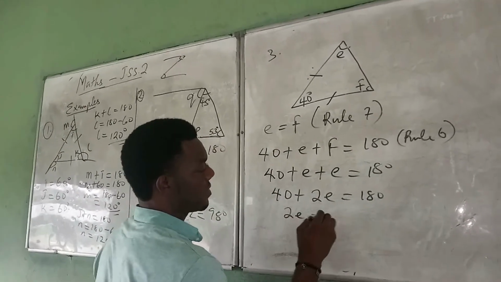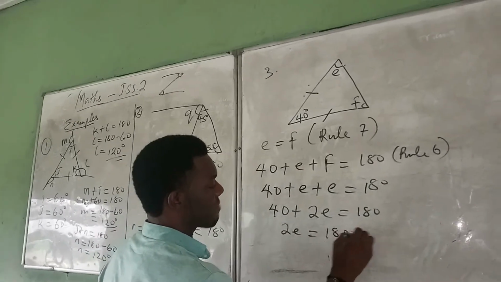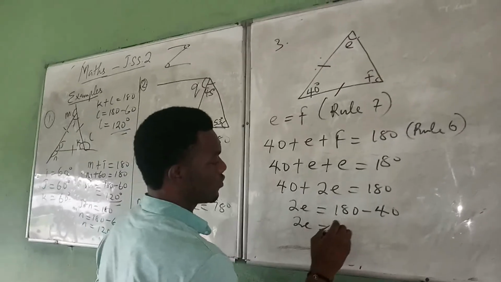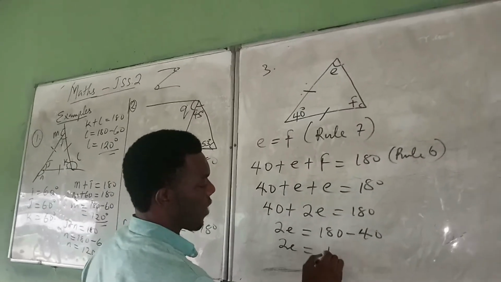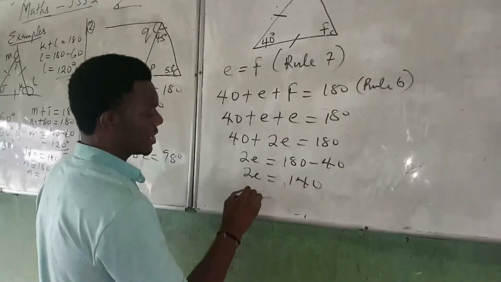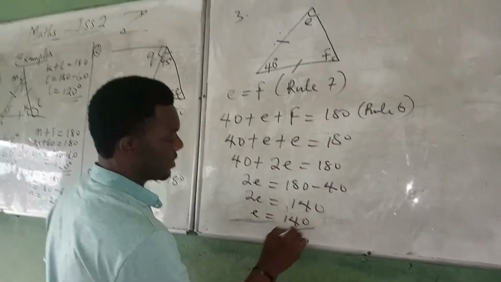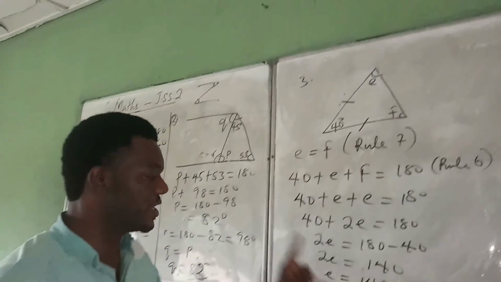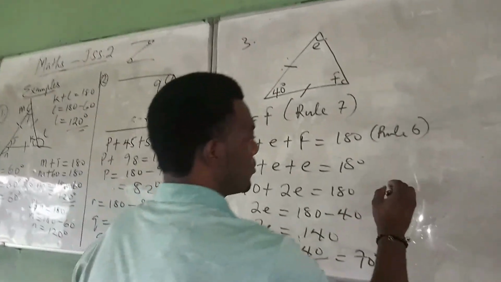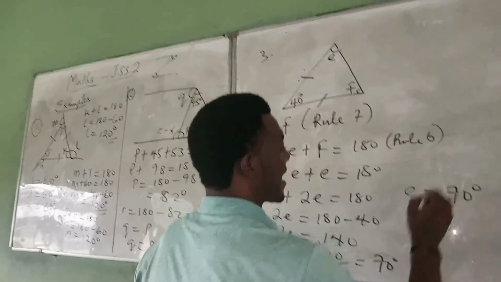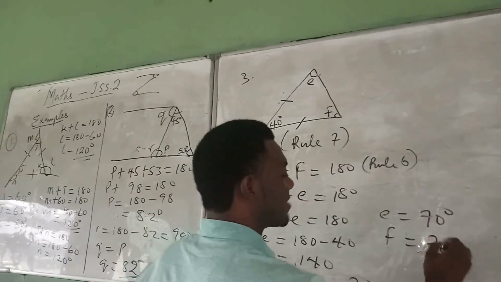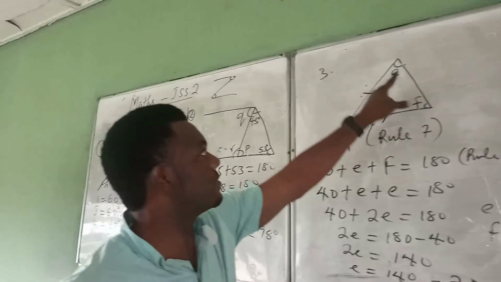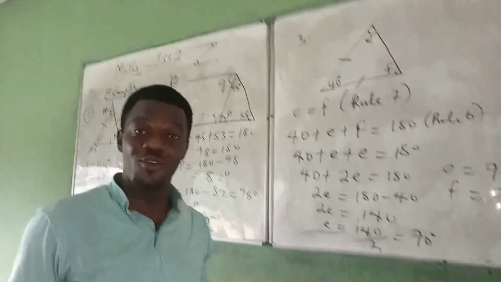Collecting the like terms, 2E equals 180 minus 40 degrees. We have 140 degrees. Our E now will be equal to 140 degrees divided by 2, and that is 70 degrees. So if E is equal to 70 degrees, it means that F will be equal to 70 degrees. When you add them up, 70 plus 70 plus 40 gives you 180 degrees.